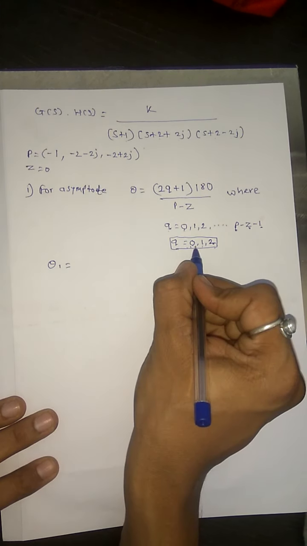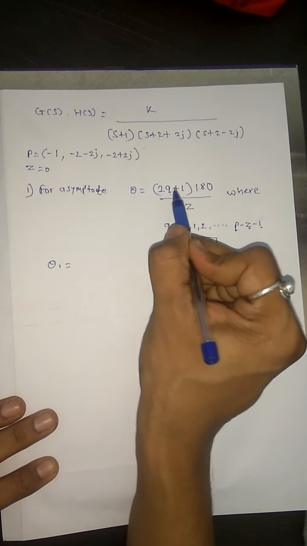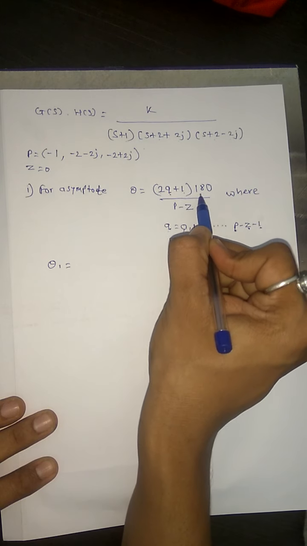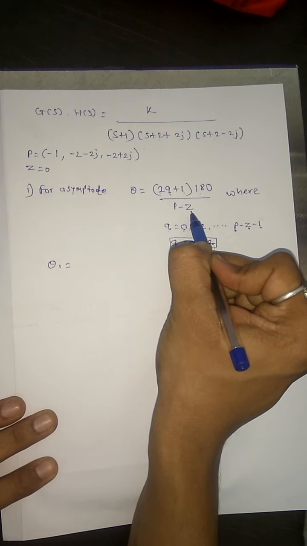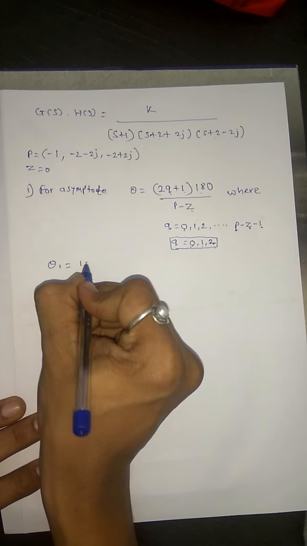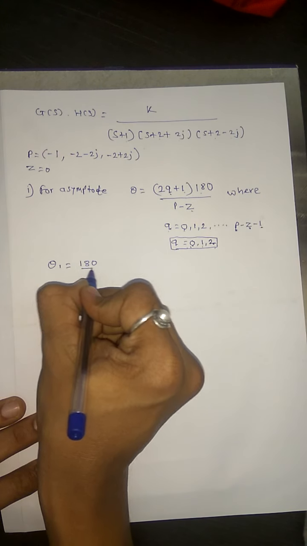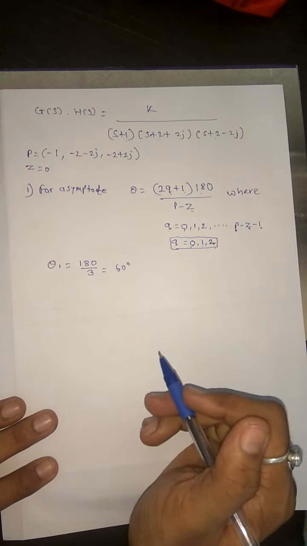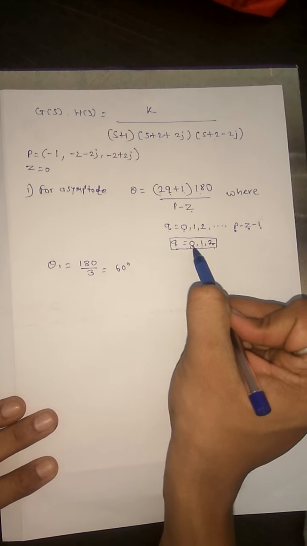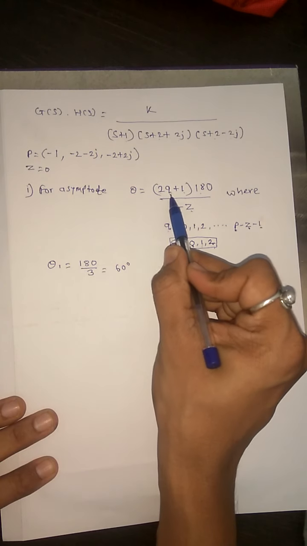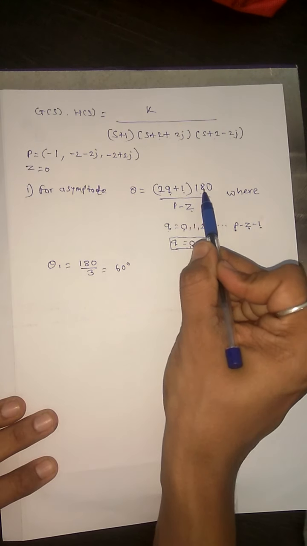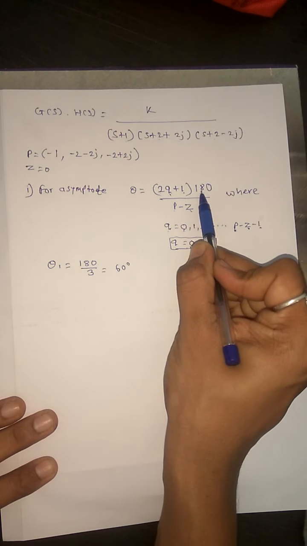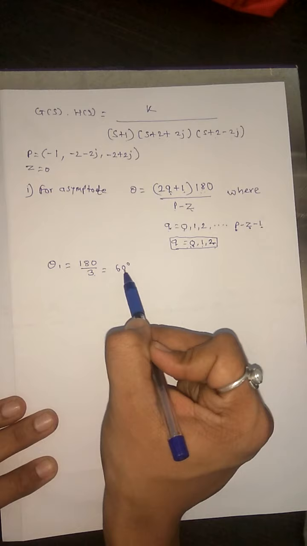For q equal to 0: 2 into 0 is 0, 0 plus 1 is 1, 1 into 180 divided by p minus z, that is 3 minus 0, so 180 by 3, that is 60 degrees. Got it? I repeat: put q equal to 0, so 1 into 180 divided by 3 equals 60 degrees.